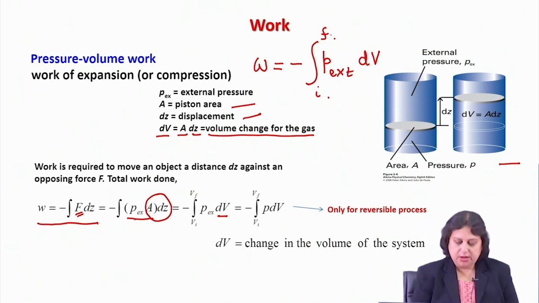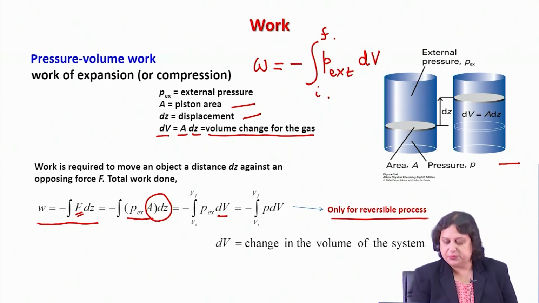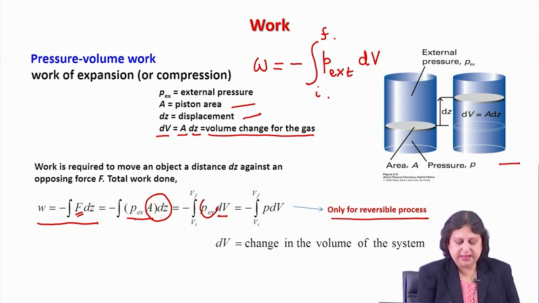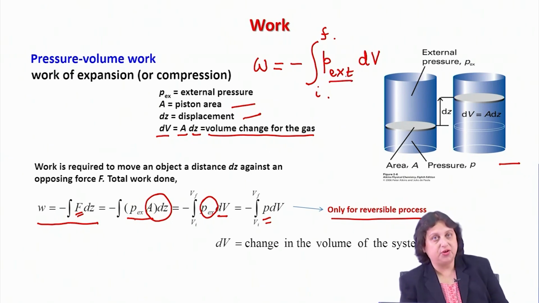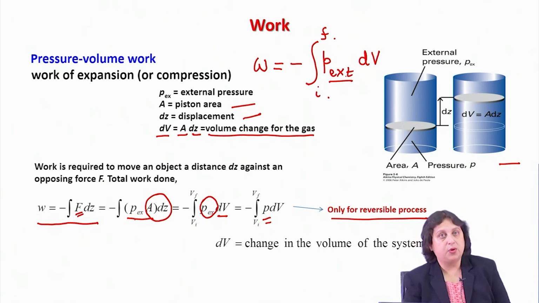And therefore, only for reversible processes, I can replace P external by P, that is the pressure of the gas. And therefore, if I know P external and how much the volume changes during the change in state, I can estimate the amount of work done.